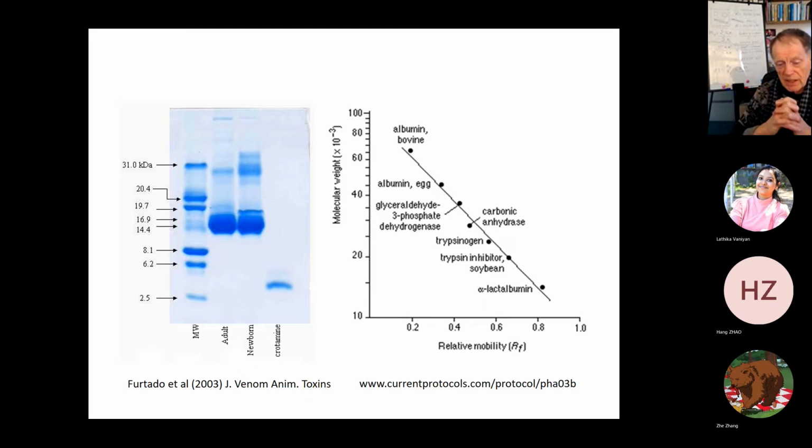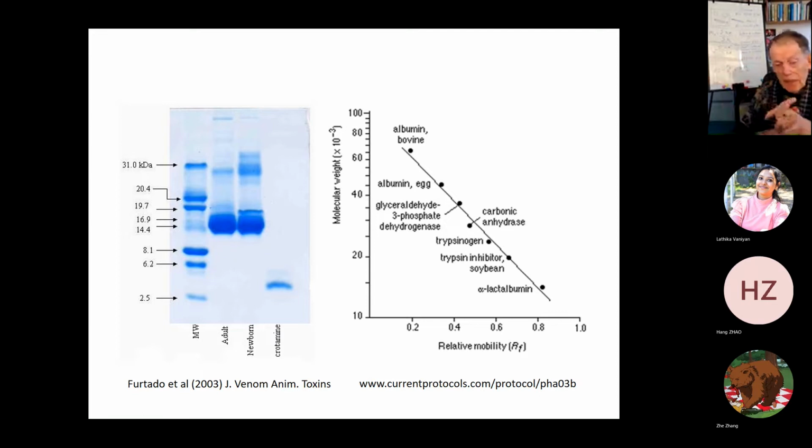And the reason for that is that SDS, besides giving the high negative charge and giving proteins a uniform rod-shaped conformation because of the repulsive effects of the negative charges, will also break the molecule up into its subunits. So that's why you get a molecular weight of 16,000 for hemoglobin.